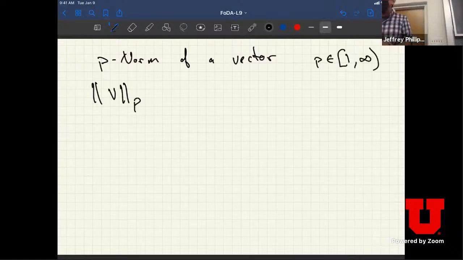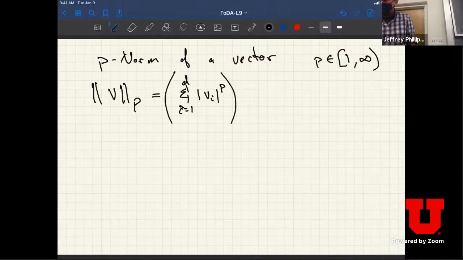Infinity will be a special case we'll deal with here. And this is defined as the sum, i equals 1 to d, of the absolute value of vi to the power p, and all of this to the pth root.